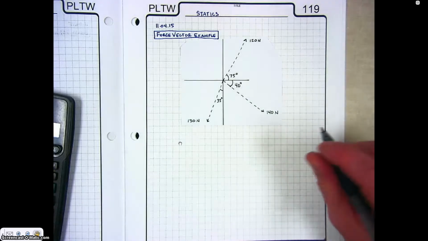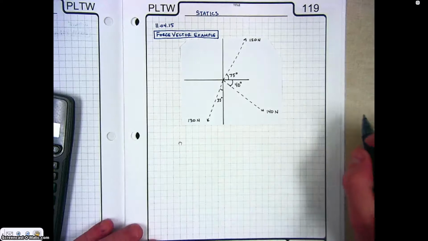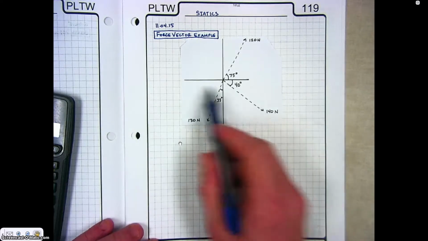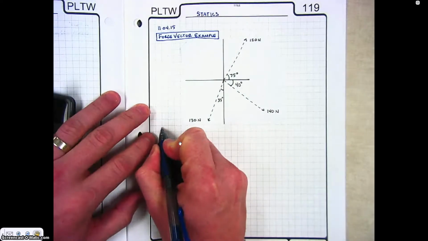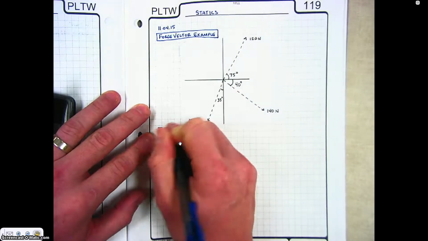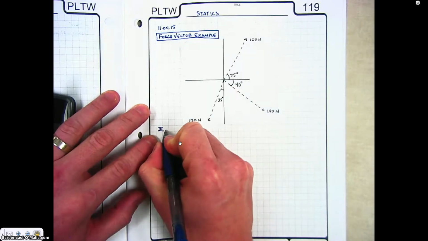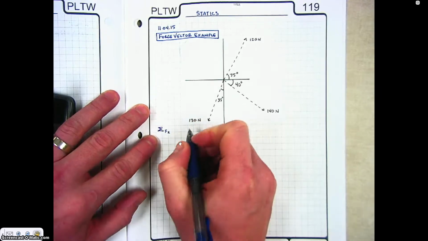The first thing we have to do is sum the forces in the x direction.